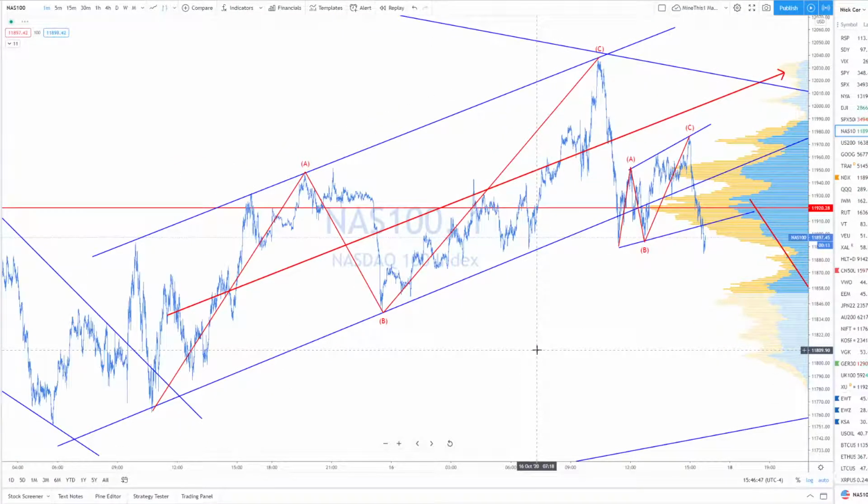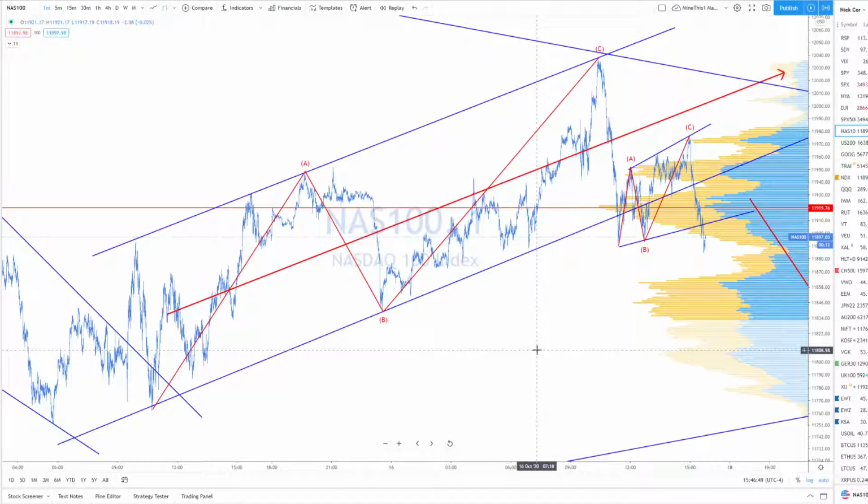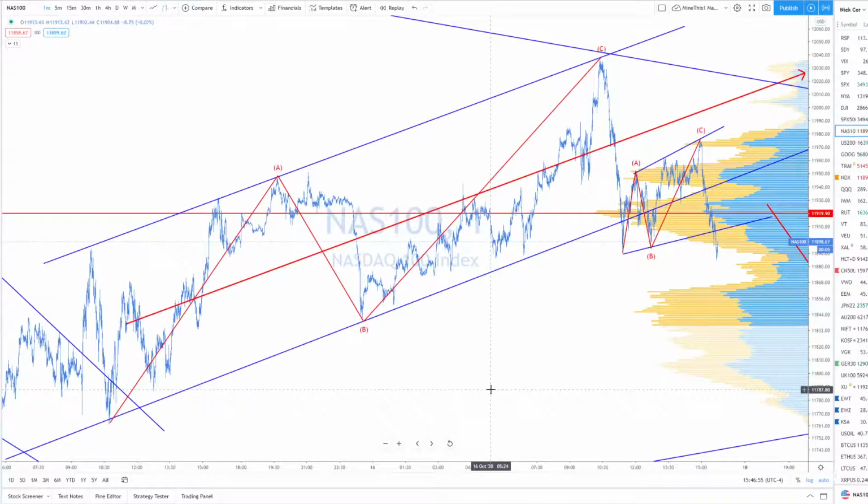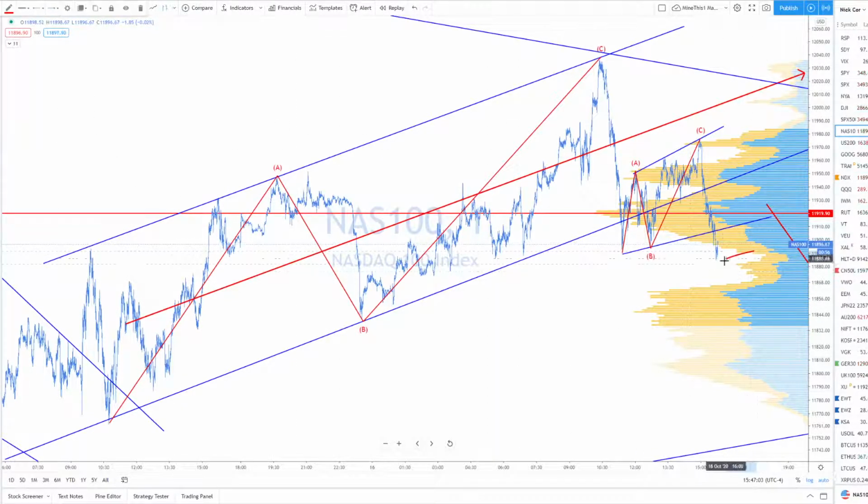All right, 14 minutes left in the trading session. If we measure from the bottom, the volume, okay, we're in this void here, right? There's a little void there. Trying to hold above it.